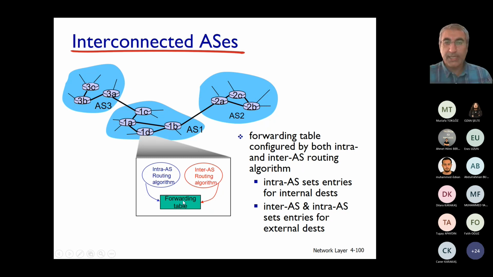The forwarding table is configured by both the intra-AS and inter-AS routing algorithms. The intra-AS algorithm sets the entries for internal destinations, while inter-AS and intra-AS routing together set entries for external destinations.